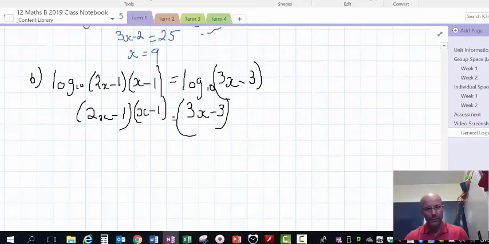On the left hand side we can use the distributive rule, multiply out, or FOIL if you prefer.